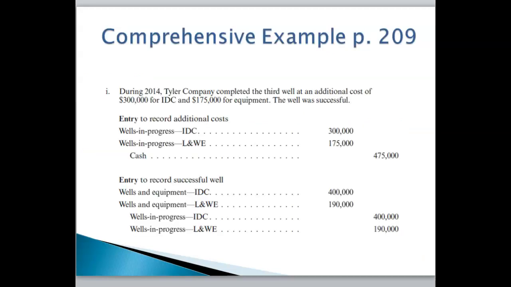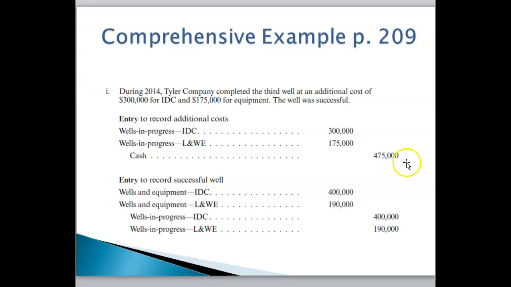During 2014, Tyler Company completed the third well at an additional cost of $300,000 for IDC and $175,000 for equipment. The well was successful. So the initial entry to record these costs are debit wells in progress for IDC and lease and well equipment.